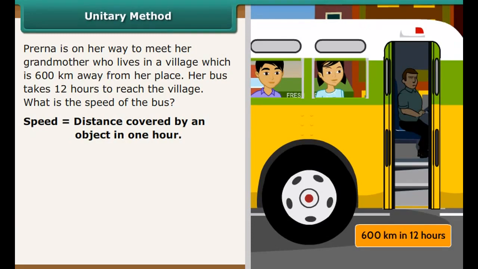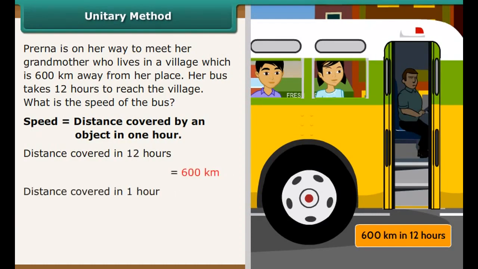Had Prerna's grandmother's place been 1,000 km away, in how many hours would Prerna have reached her grandmother's place? Time taken to cover 600 km is equal to 12 hours. Time taken to cover 1 kilometer is 12 divided by 600 hours.